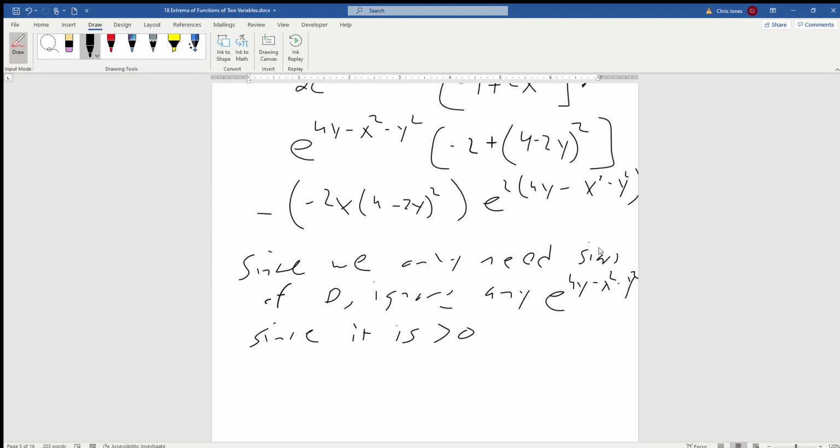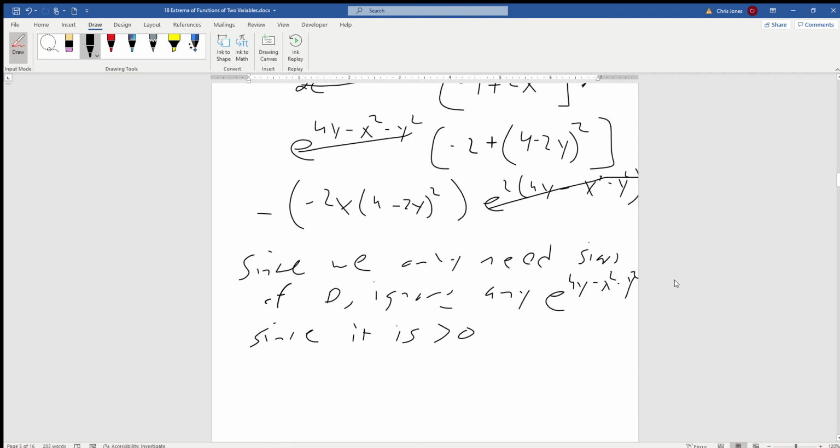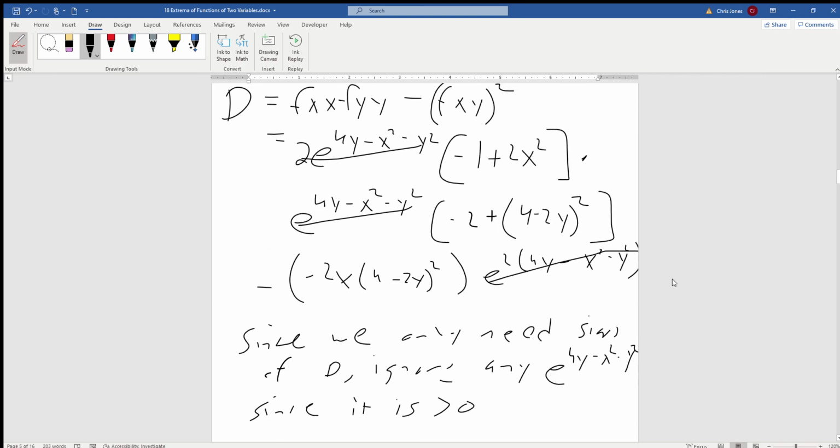And so if we really wanted to, we just get rid of this, we get rid of this, and we get rid of this. I'm going to call it not d prime, but I'm going to call it d sub 1. It's really not d, but it helps us a lot. So I'm going to call it d sub 1. It's going to be equal to negative 1 plus 2x squared.